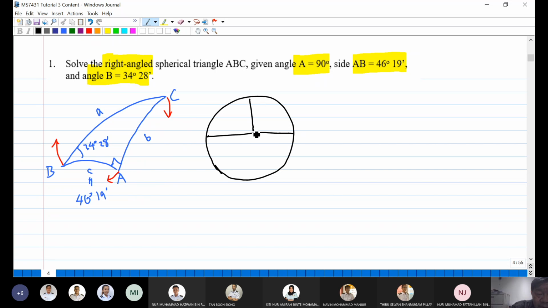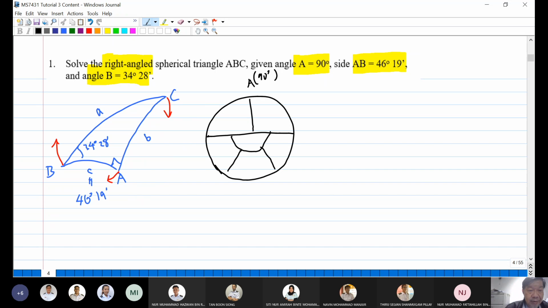On top there are 2 parts. Bottom there are 3 parts. And the middle, I'm going to start at angle A, which is 90 degrees. All right, A is a 90 degrees here.